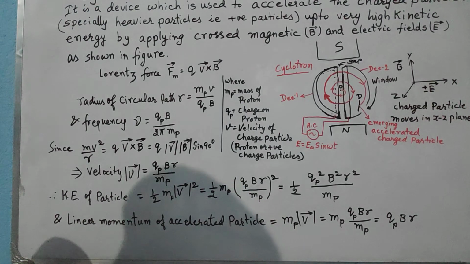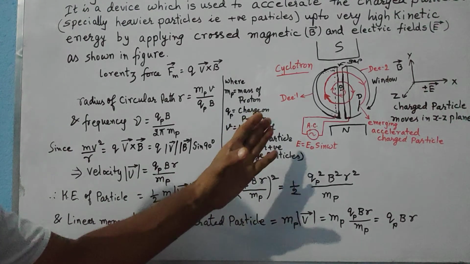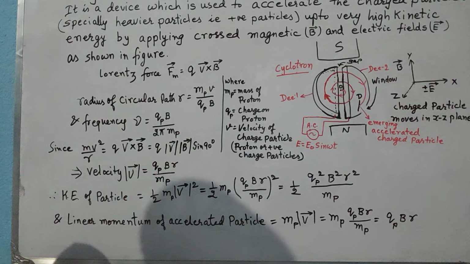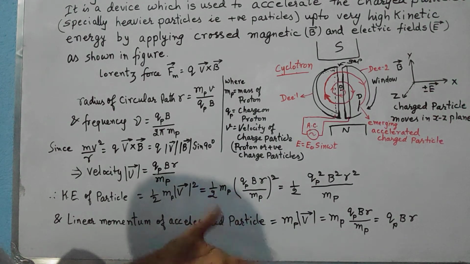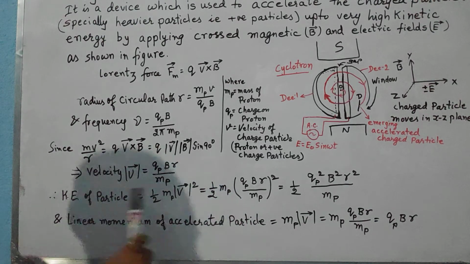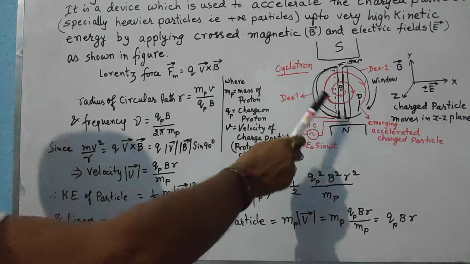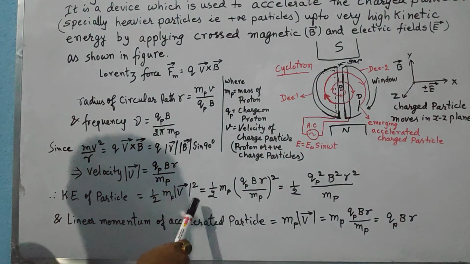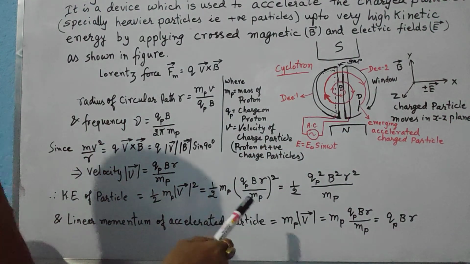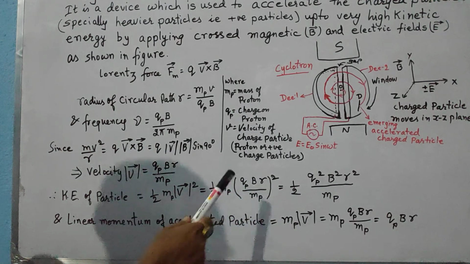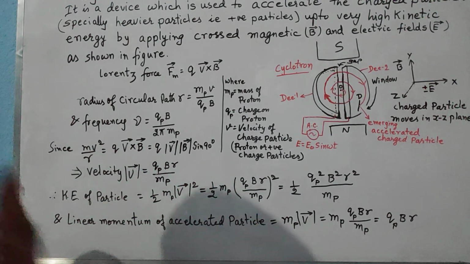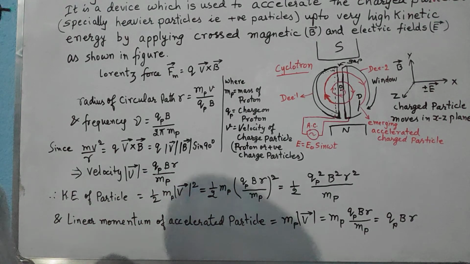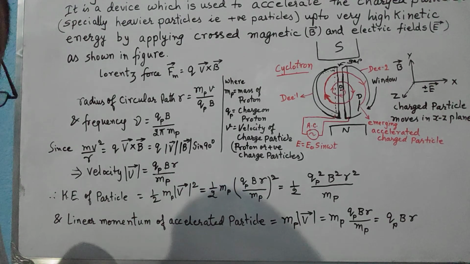Secondly, the speed of the charged particle will be limited, especially for a lighter charged particle. You cannot accelerate it to greater kinetic energy. But heavier particles you can accelerate, because even at lower speed their kinetic energy will be appreciable, since at lower speed the relativistic mass is not changing appreciably.